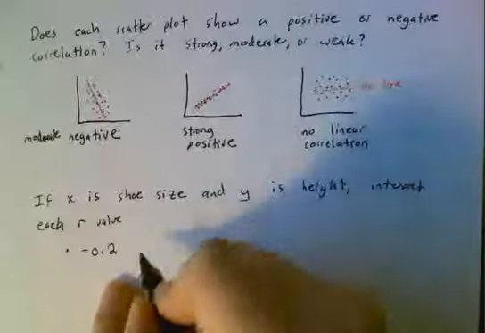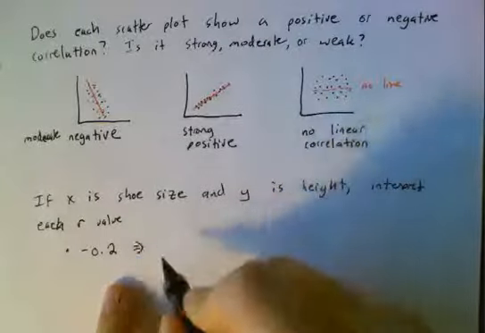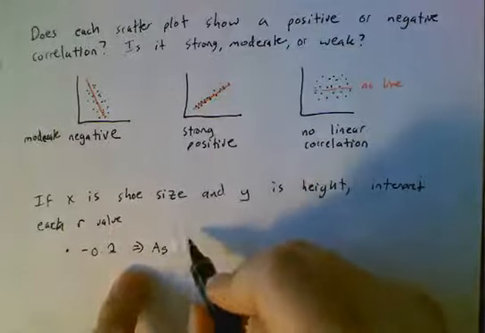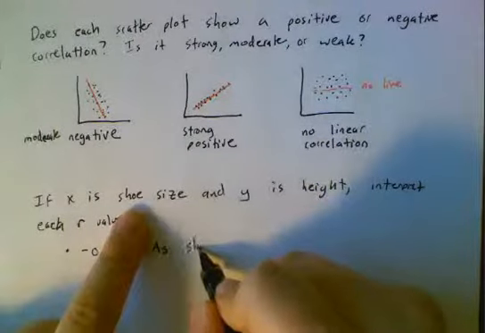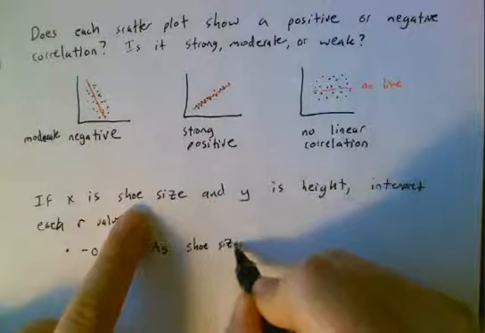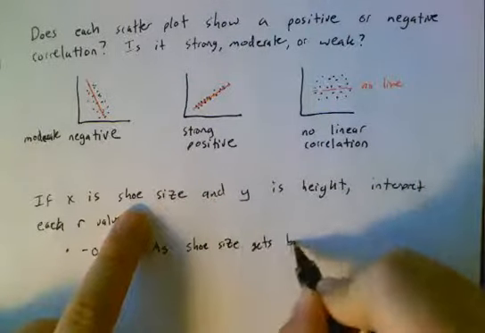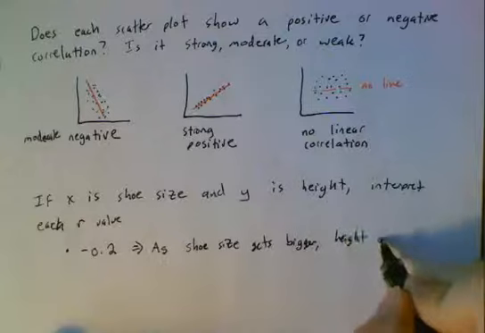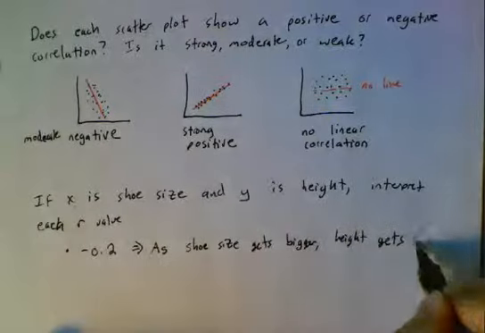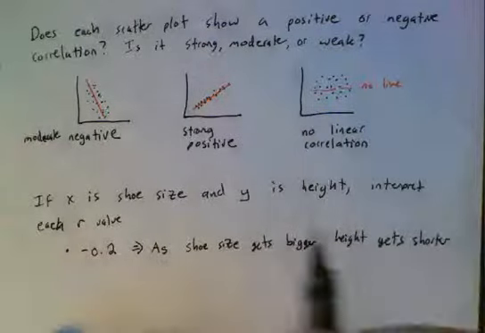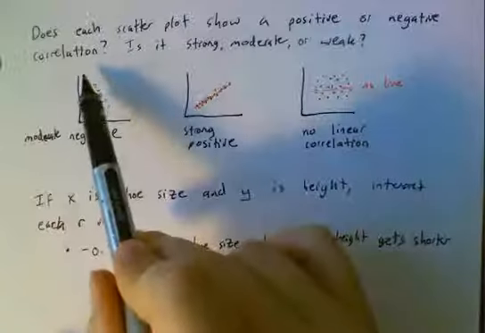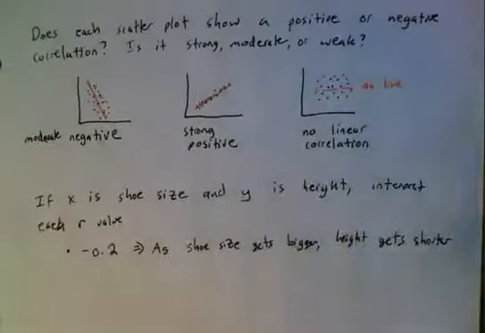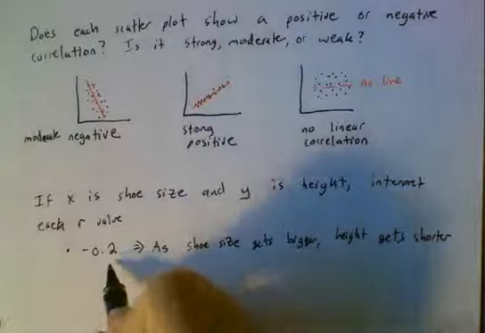This is negative, so this means as shoe size gets bigger, height gets shorter. Remember, negative means as one goes up and gets bigger, the other goes down. However, this is a pretty weak correlation.